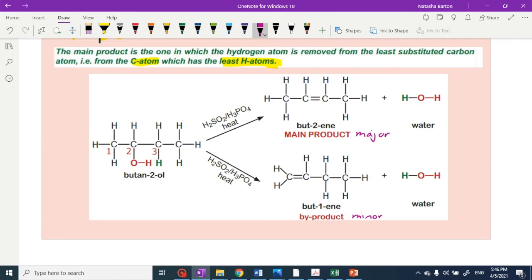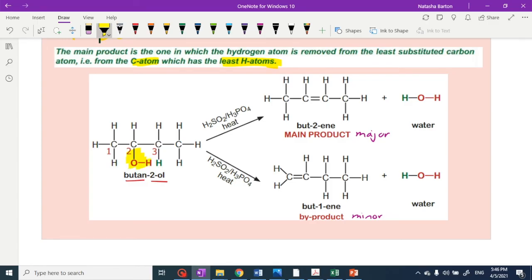So if we have a substance like butan-2-ol, butan-2 telling us our OH is on the second carbon, ol, it's an alcohol. From this substance, we are going to have to remove the OH and a hydrogen atom. So first we identify our OH.